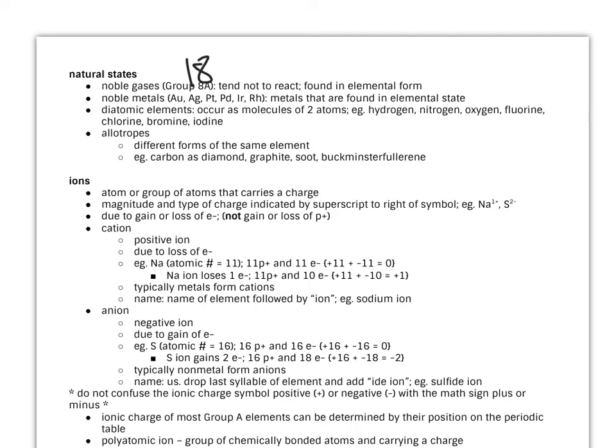So remember, oxygen in nature that we breathe is O2. Same thing for hydrogen, it'll be H2. Nitrogen, anytime we see it, will be N2. And fluorine will be F2. Same thing for chlorine, bromine, and iodine down here.